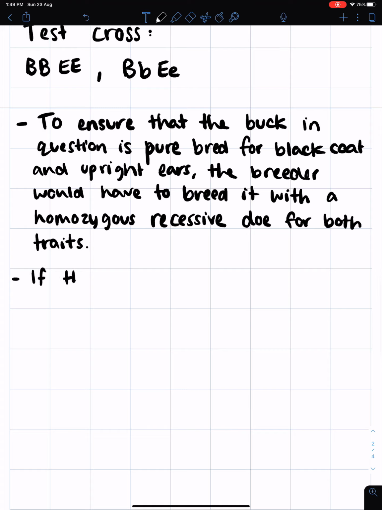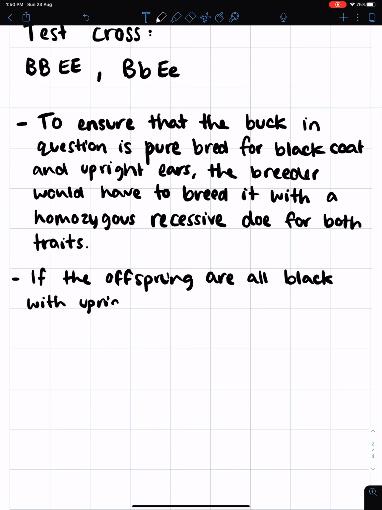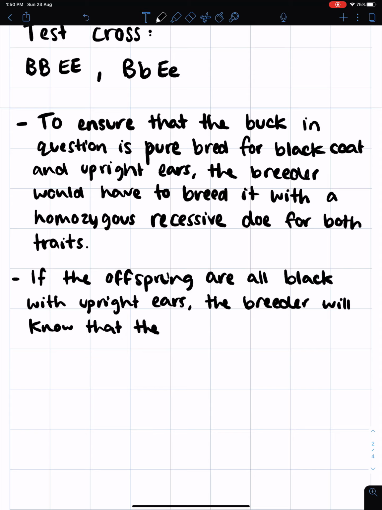If the offspring are all black with upright ears, the breeder will know that the buck was purebred.